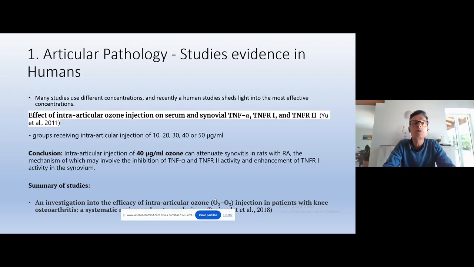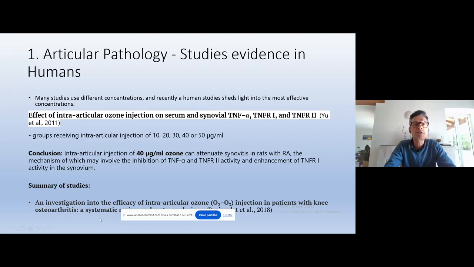The conclusion was that the injection with 40 micrograms is exactly the one that changes the tumor necrosis factors, and therefore it's the dose to be used whenever joints are infiltrated.